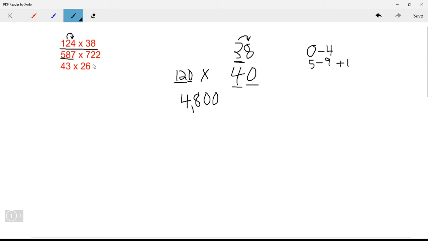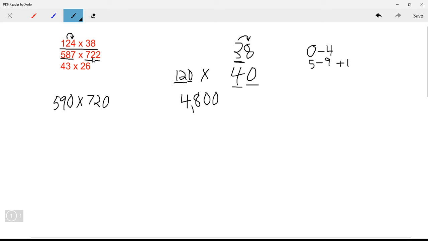Now we can go here. So we have 587 and 722. Now if we were to round these to the nearest 10, we would get 590 times 720, right?